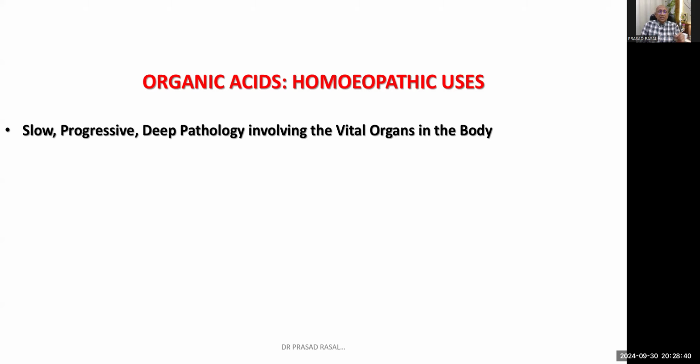So organic acids always have such types of pathologies, which are chronic pathologies. So all those remedies cover the chronic pathologies. If you are going to learn those pathologies, they are there in organic acids. And that's why these are the remedies for the chronic pathological conditions.